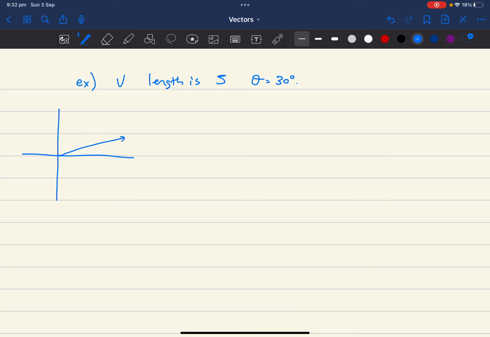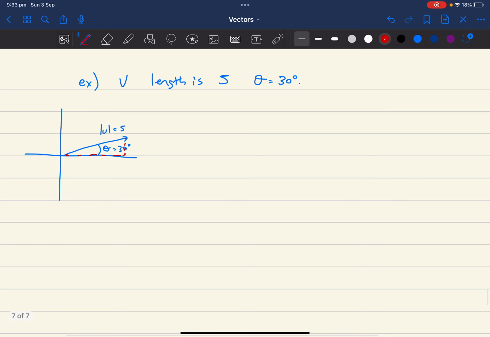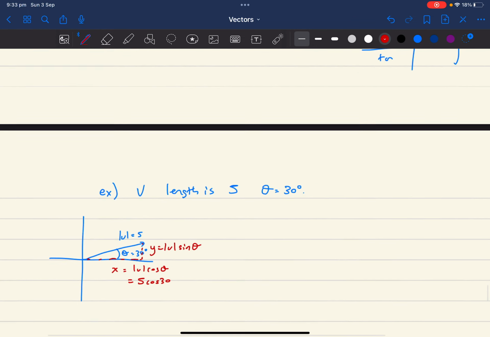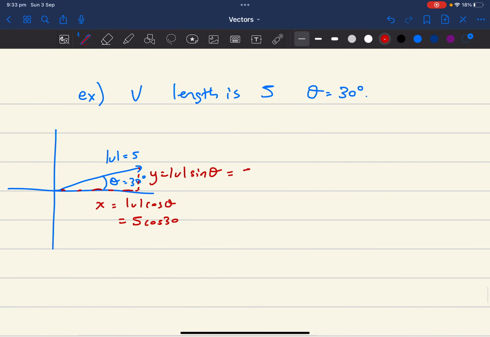So the length of v is 5, and the angle is 30, right? So if I wanted to write this in x and y components, you can see the x component is just v cos theta, which in this case is 5 cos 30, right? And the y is v sine theta. So I'm simply using this formula from before, right? v sine theta, which in this case is 5 sine 30.